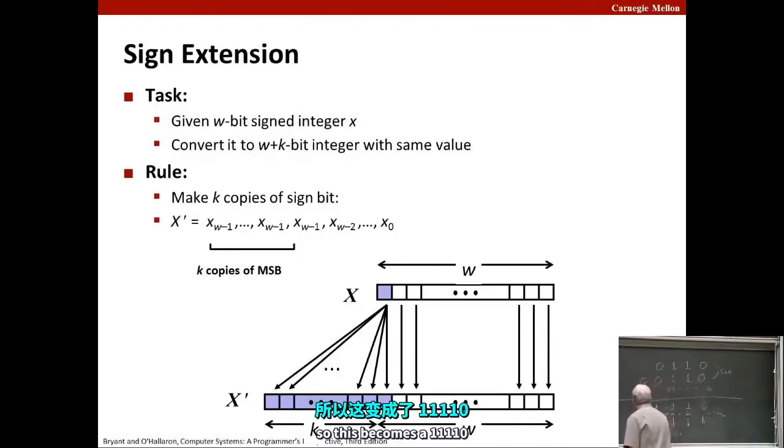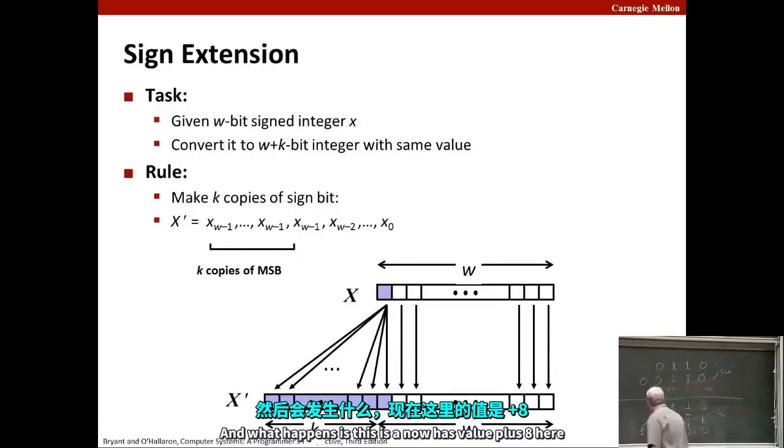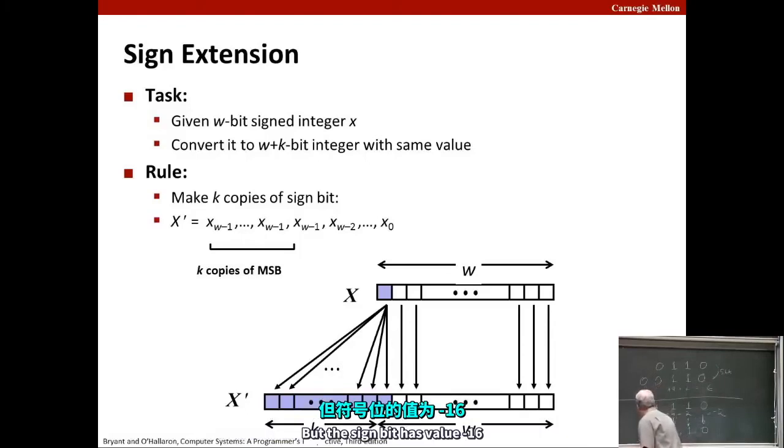So this becomes a 1, 1, 1, 1, 0. And what happens is this now has value plus 8 here, but the sign bit has value minus 16. And then this is still plus 2 and plus 4.